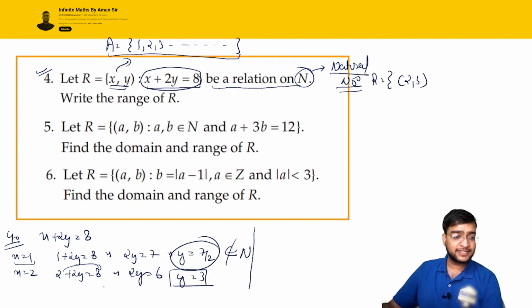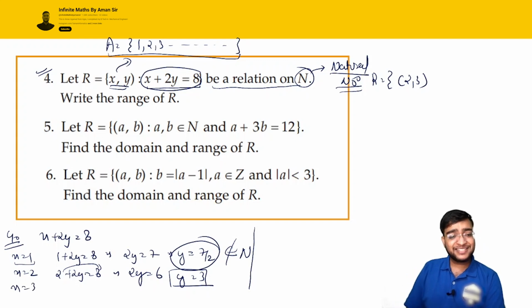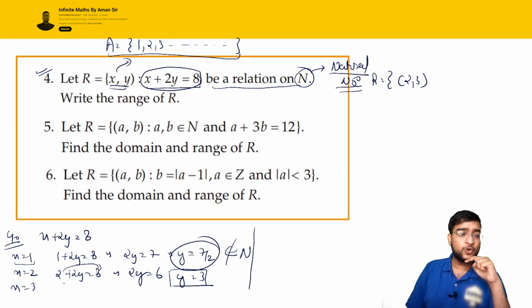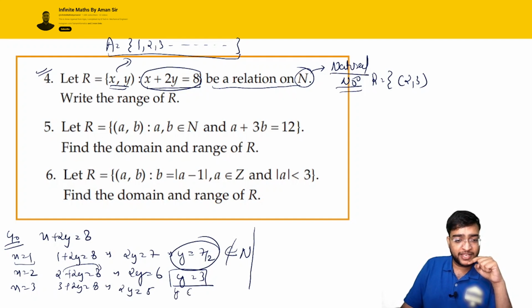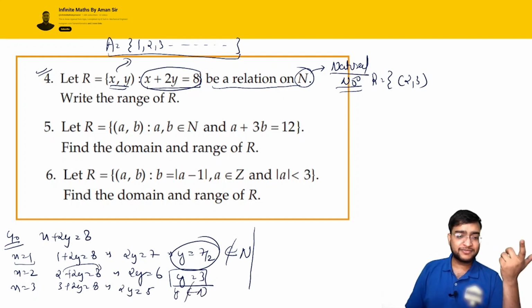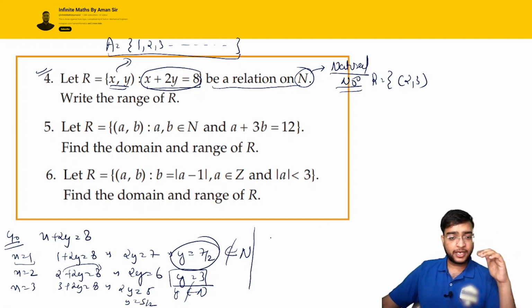Okay, let's take another example, x equals 3 here. Is x equals 3 defined with this condition? You can say no, sir, because if I take 3 plus 2y here, then 2y equals 5, and y is not a natural number. That is 5 by 2, which is also not belonging to my set here.